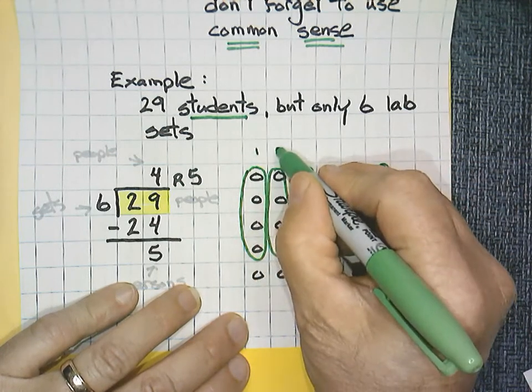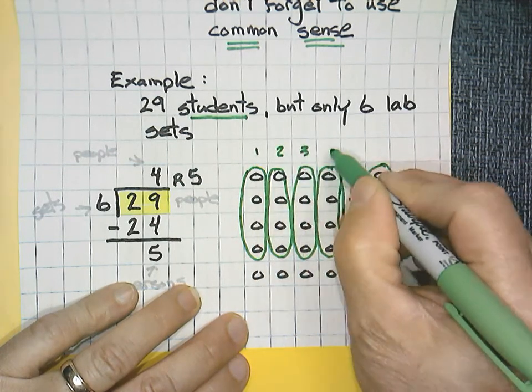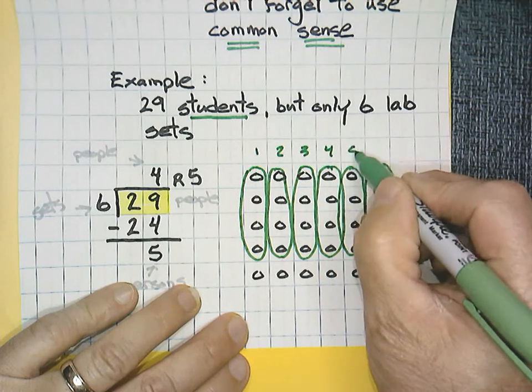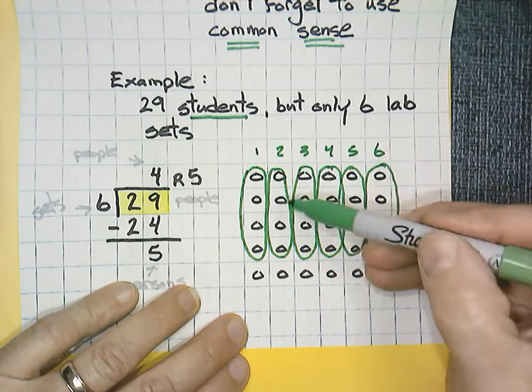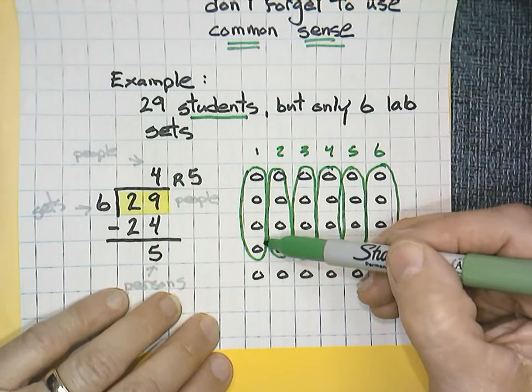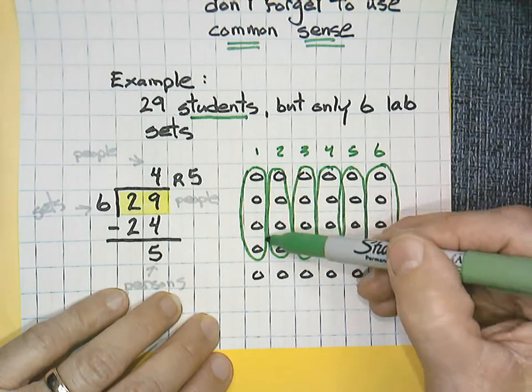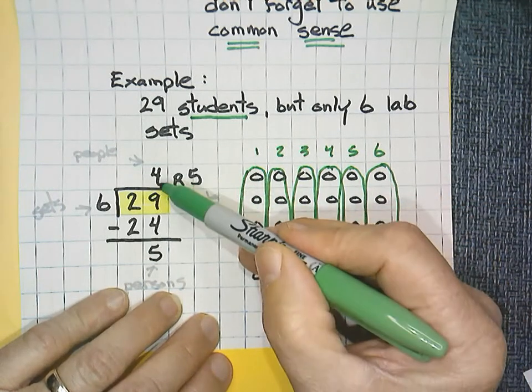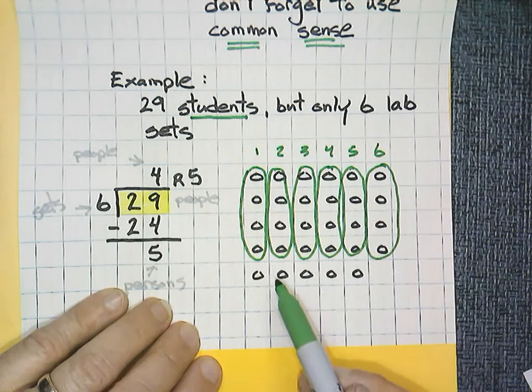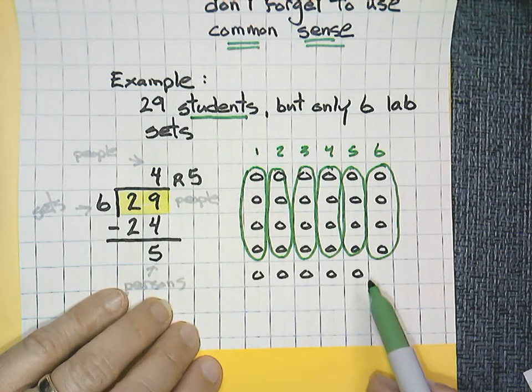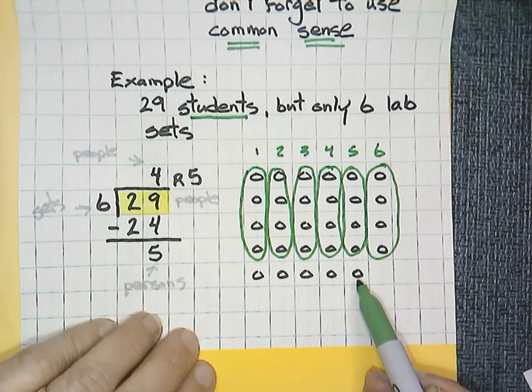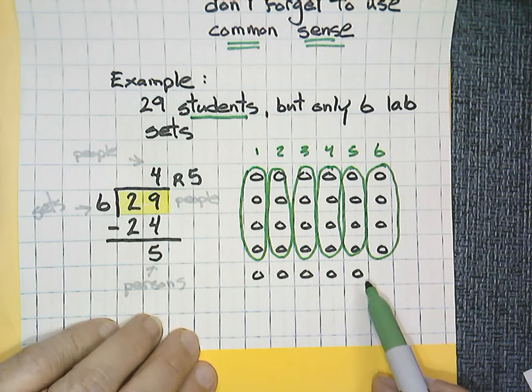We have one set, so these are our lab sets. And each of these groups have 4, 1, 2, 3, 4, and we could count that across, and that's our 4. Our remainder is 1, 2, 3, 4, 5, but remember that these are people.